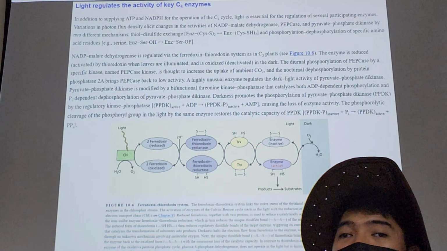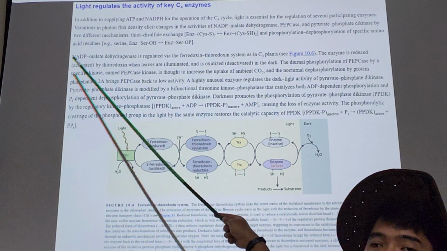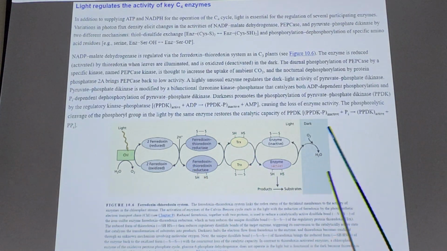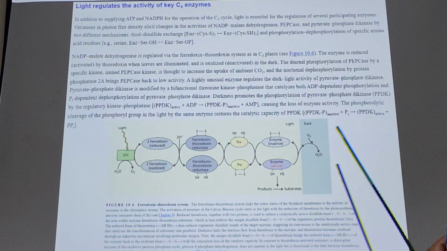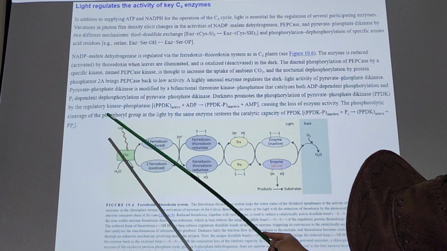Meaning that without light, malate dehydrogenase is not activated. If it's not activated, how on earth is it going to capture CO2? It's not going to happen. And some unusual things are also happening because at night, some of these enzymes need to be down-regulated. Which enzyme? Let me see.